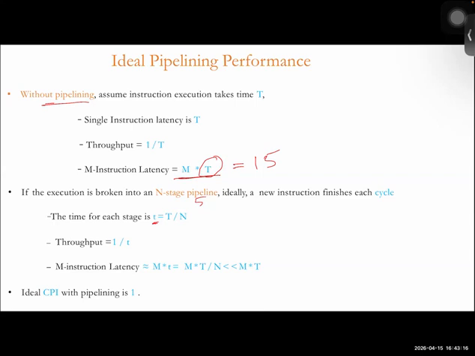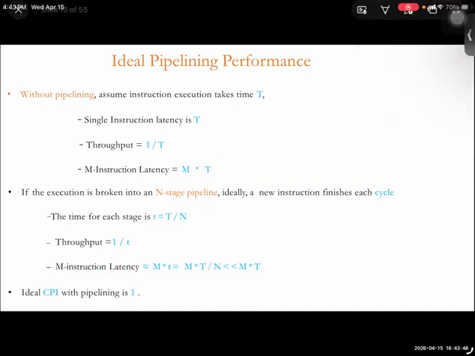So for m instructions, the execution time is divided by the number of stages, which gives the ideal cycles per instruction. So the ideal cycles per instruction of a pipeline is 1.